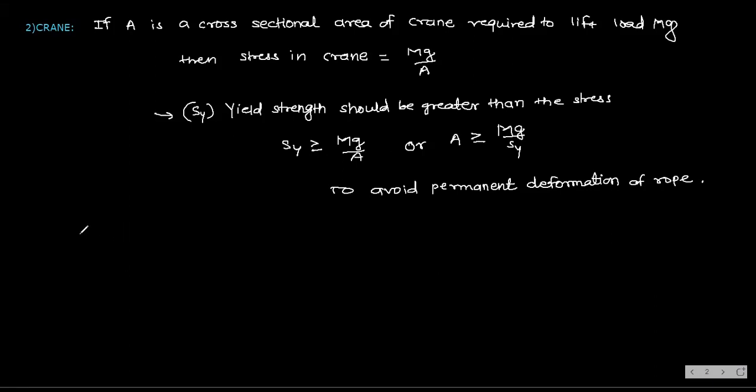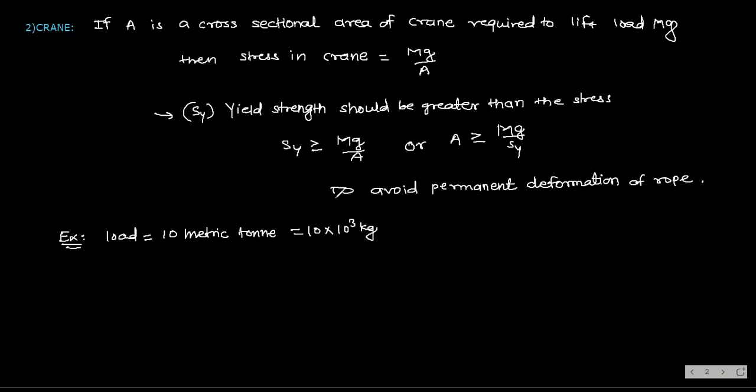Now one example I am telling. Suppose I want to lift a load of 10 metric tons. That is equal to how much? 10 into 10 to the power 3 kg.